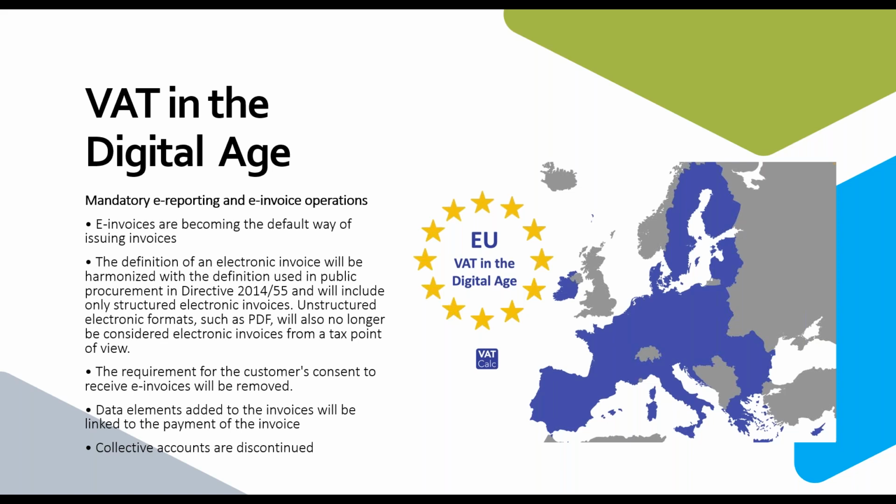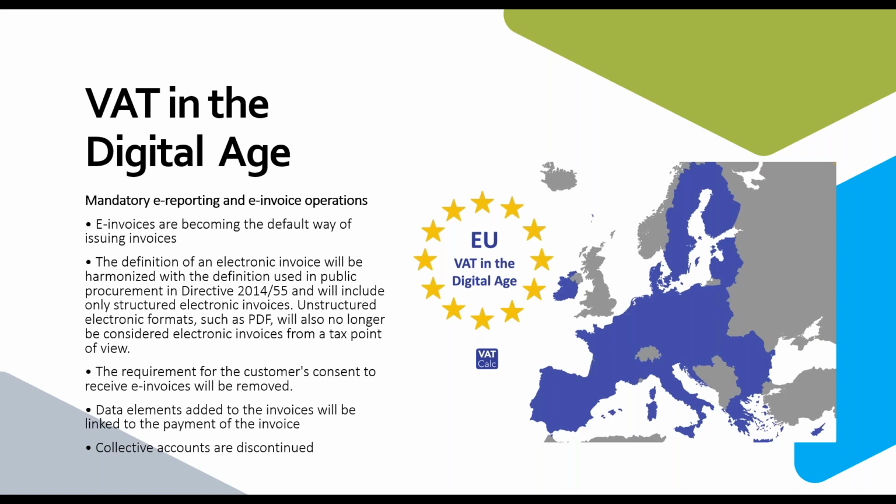In the invoicing field, changes are aimed at streamlining the exchange of invoicing processes. E-invoices will become the default method for issuing invoices. The definition of an e-invoice will align with the one used in public procurement, including only structured electronic invoices.